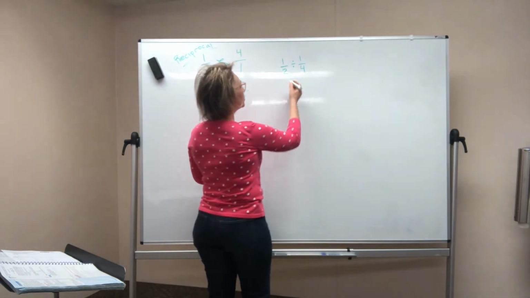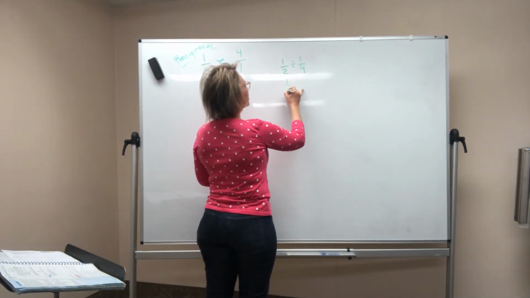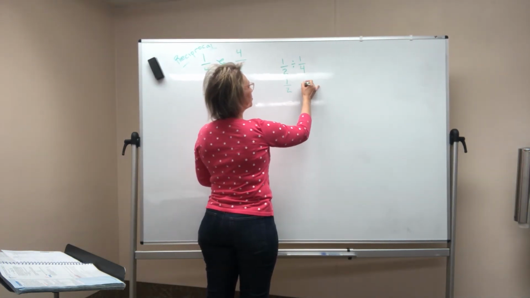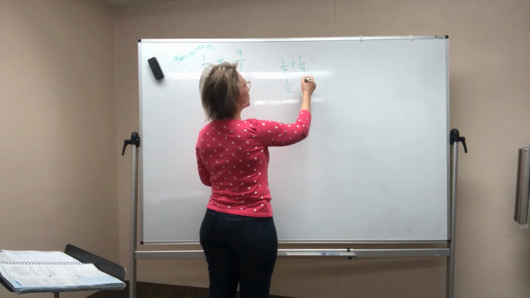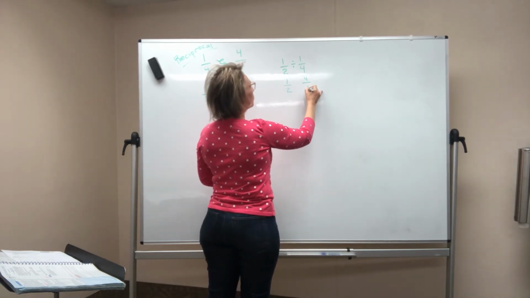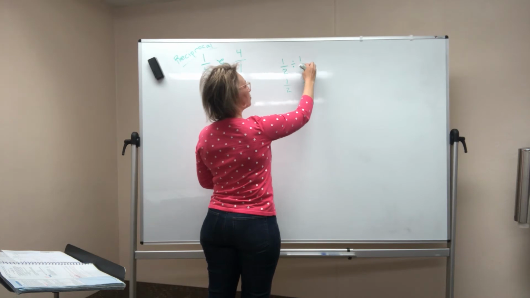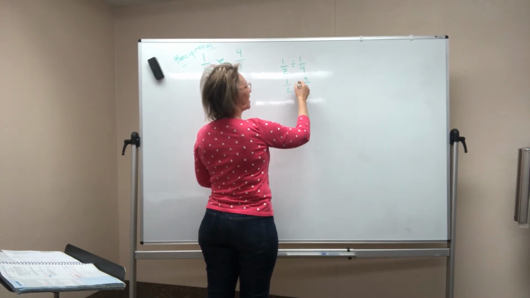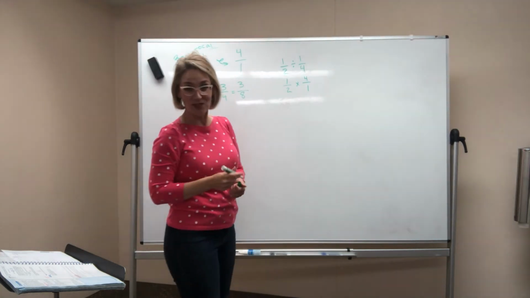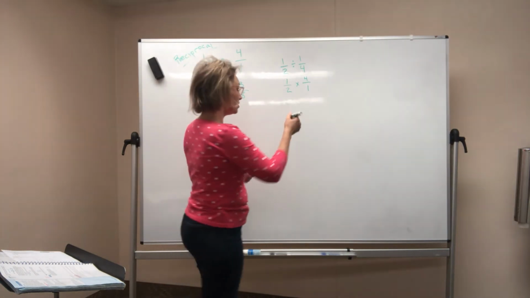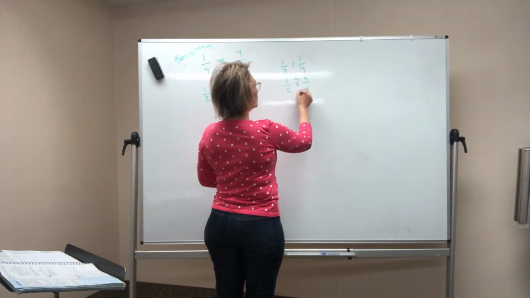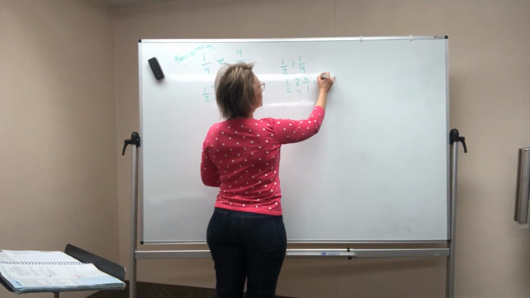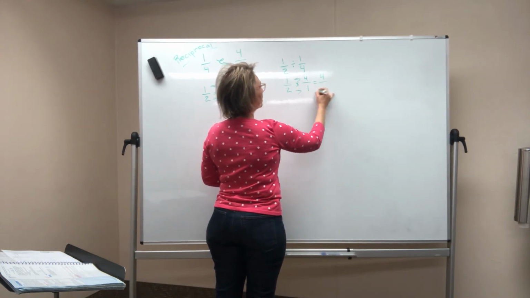All you have to do is change the second fraction into its reciprocal, 4/1, because the reciprocal of 1/4 is 4/1, and turn it into a multiplication problem. That's all you have to do. Then you multiply the way you know how to do it.